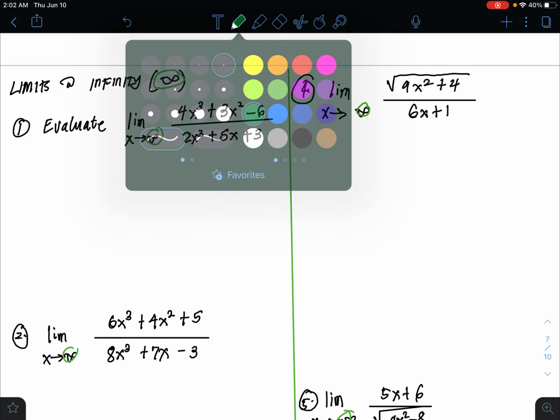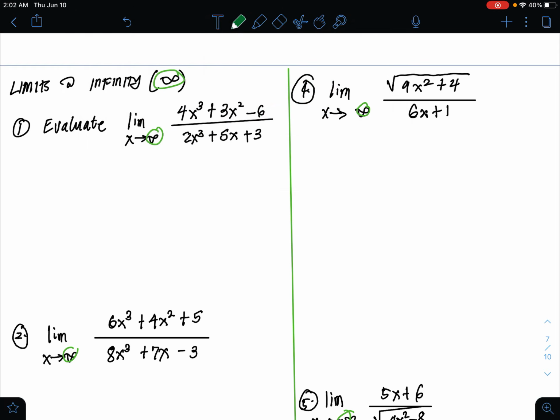For example number 1, the limit of this function as x approaches infinity, how do we solve it? In the numerator and denominator, find the highest power or exponent.